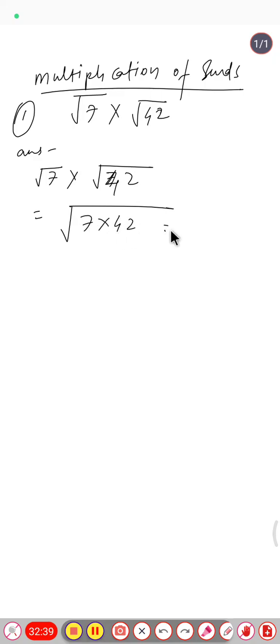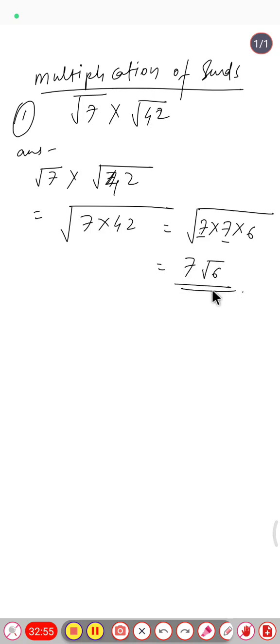Then we solve this and get 7 into 7 into 6. So we can directly say 7 times 7 is 49, and the square root of 49 is 7, so the answer is 7 root 6. Understand? It's a multiplication.